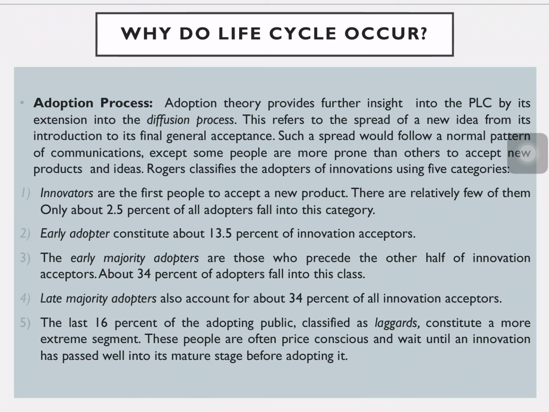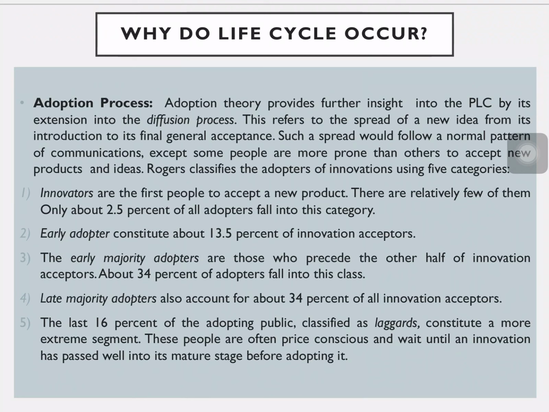At the initial stage, only 2.5% of the total consumers will purchase that product, and they will be innovators because they have the unique characteristic that they always try to experience a new product or any kind of new technology coming into the market.